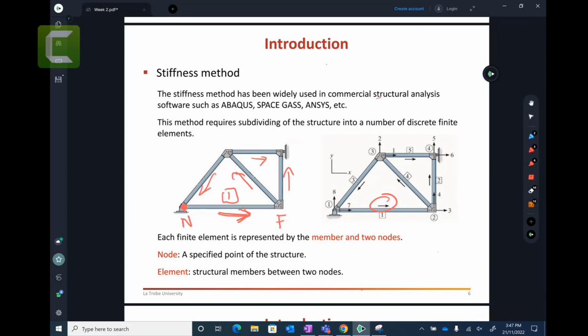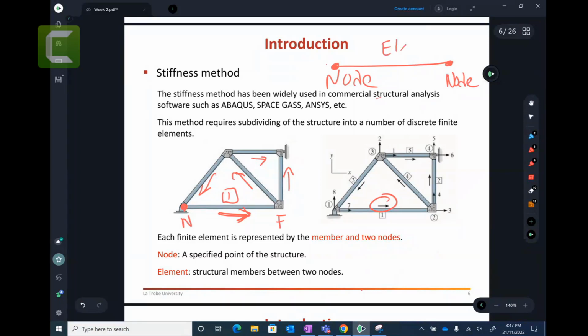Now I'm adding one more vocabulary: this is an element. Each element has 2 nodes. Nodes meaning the points, and a point is called a node. A node is the end of an element, the left and right end, the far end of the element where it finishes. So that is called a node. This is also called a node.